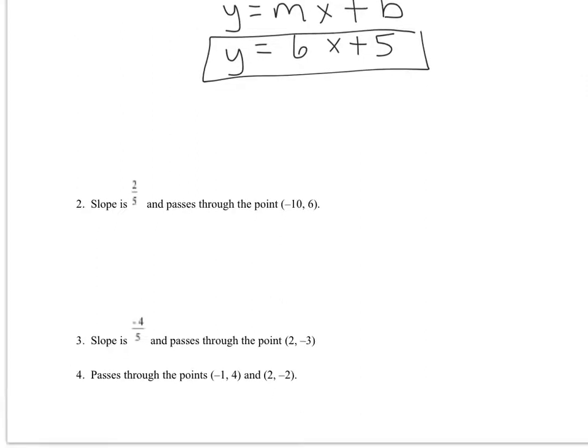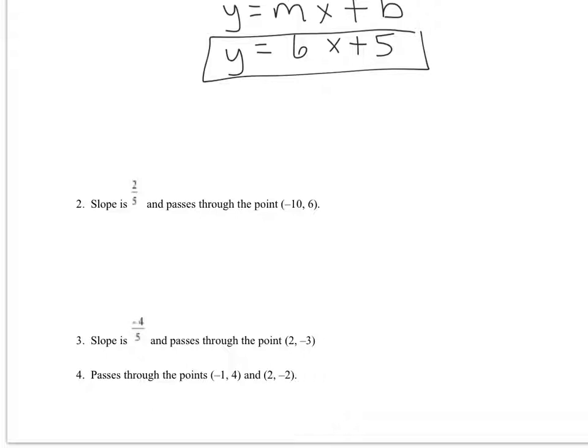If you look at the next question, it asks you to find the equation when the slope is 2/5 and the line passes through the point (-10, 6). Now notice this is not your y-intercept because the x part of the ordered pair is not 0, it is -10.